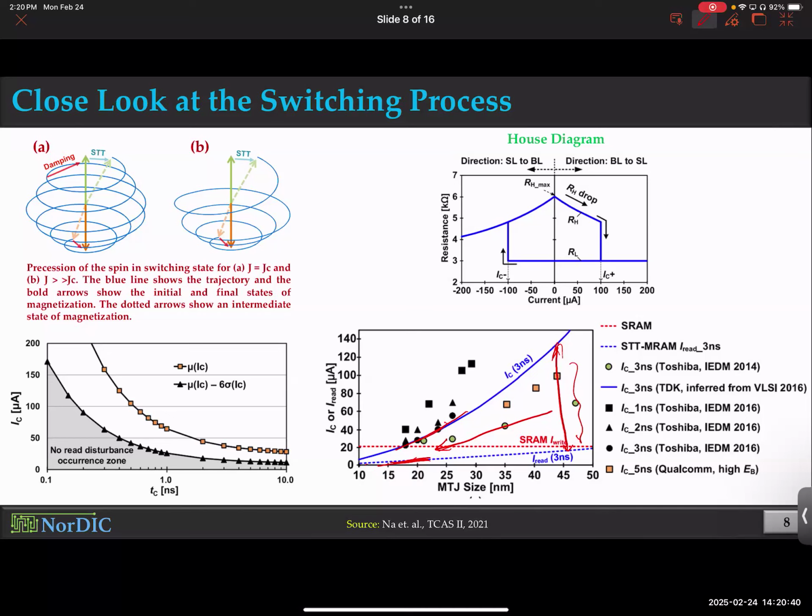Does that make sense, folks? So read disturb. Like I said, there is no free lunch. You reduce the critical current by reducing the MTJ size, but then you also reduce the read disturb margin, which makes it risky for you to read. On these slides, there has to be some take-home message. They have no meaning otherwise, honestly.